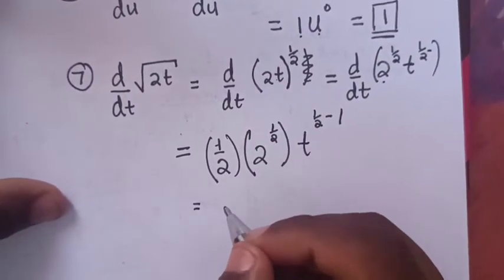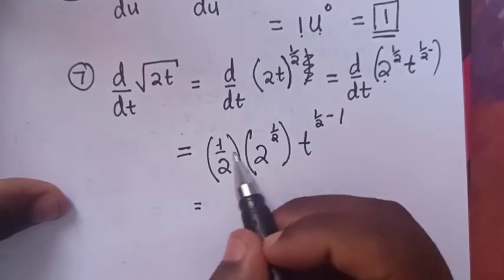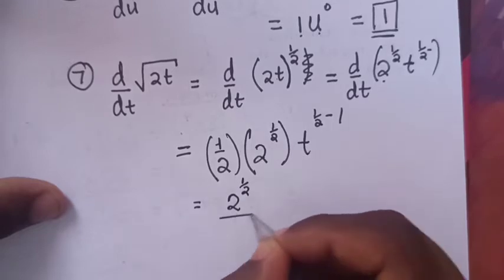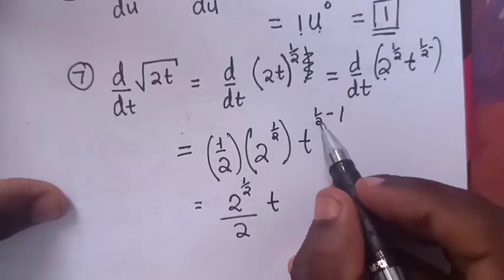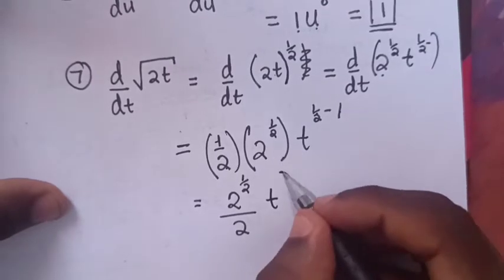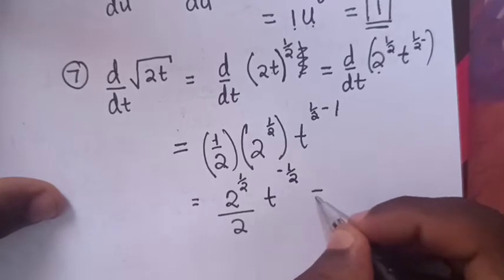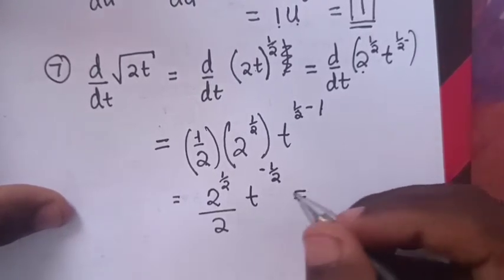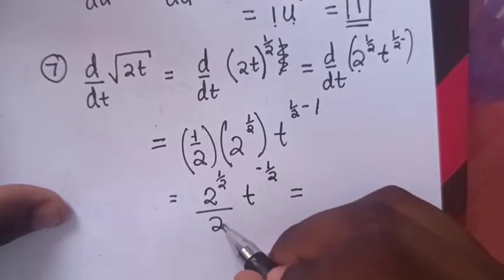So it will be, when we multiply 1 times 2 power of a half, it will be 2 power of a half over 2. T power of, here a half minus 1 is negative a half. And then we simplify here: 2 power of a half divided by 2 power of 1.